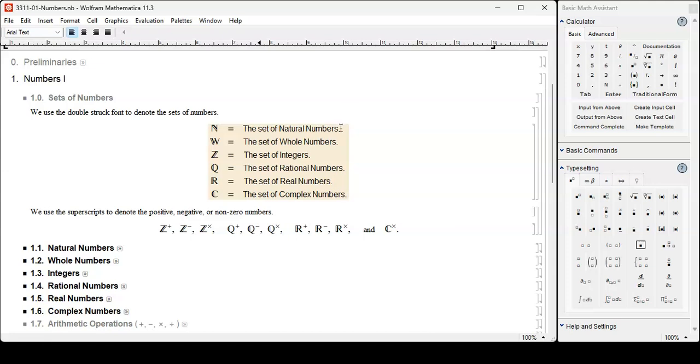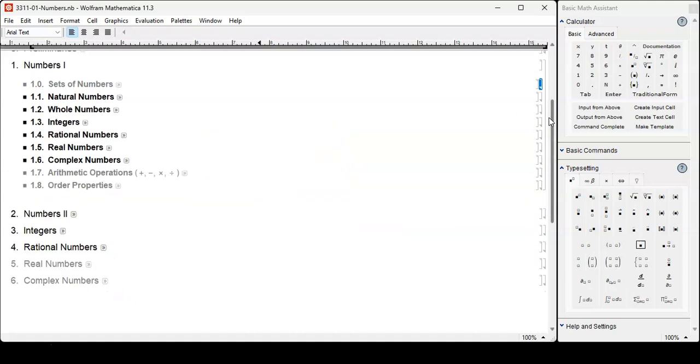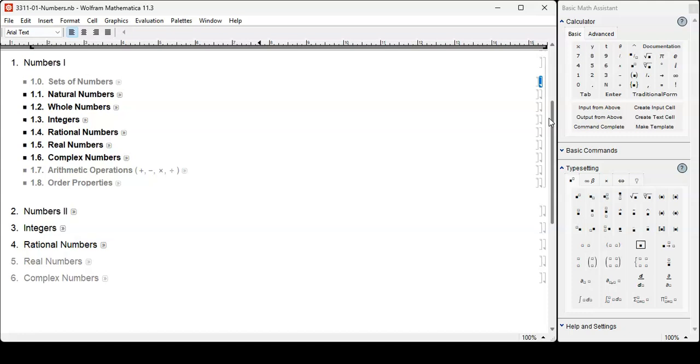What are numbers? Let's go back to this set of natural numbers, 1, 2, 3, 4, 5, 6, and so on. All right. What is 1? What is 2? What is 3? And so on and so forth. In elementary school, you must have used this kind of abstraction.